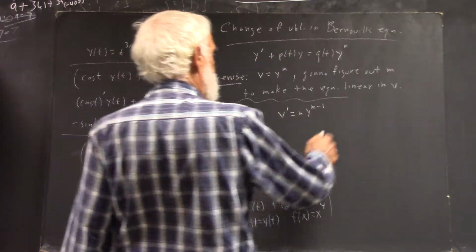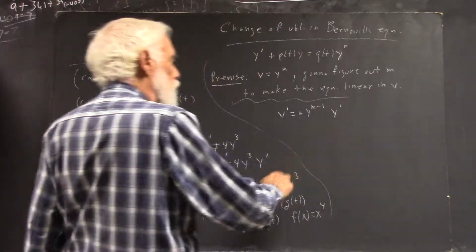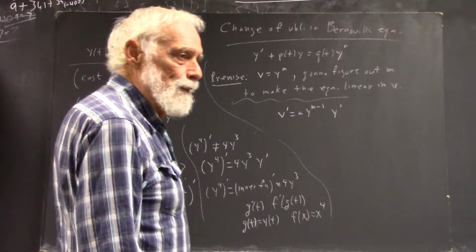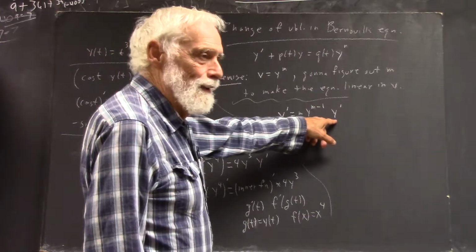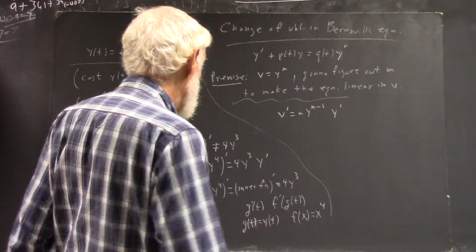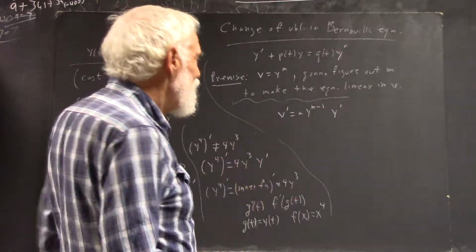So y is a function of t, y is your inner function, and your outer function is the m power. The derivative of the inner function comes out of the chain rule, since that's what you started out by asking about.